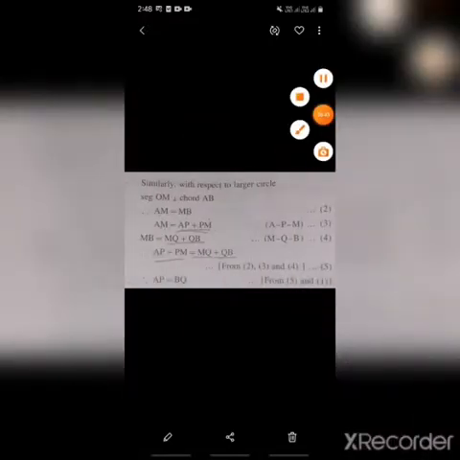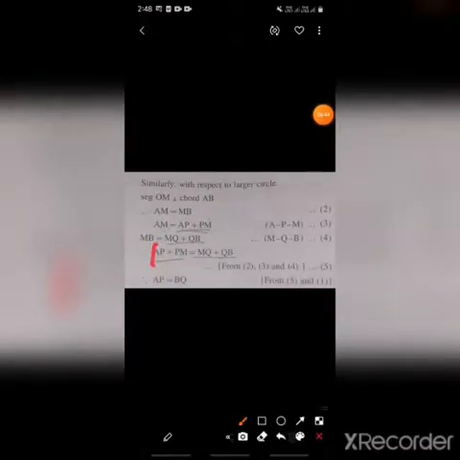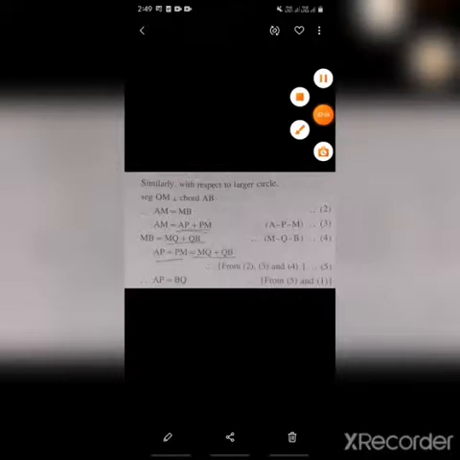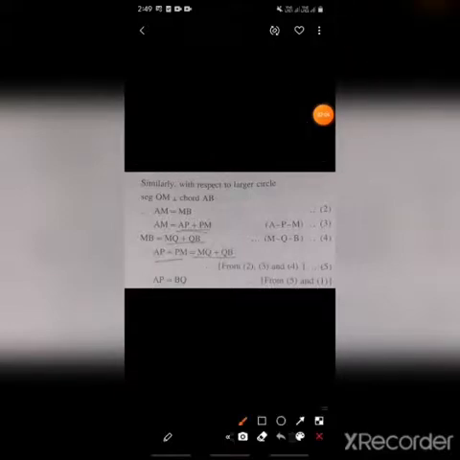Just because of this, AP plus PM equals MQ plus BQ. So AP is equal to BQ from 2, 3 and 4. This one is 5. So here we can prove AP is equal to BQ.